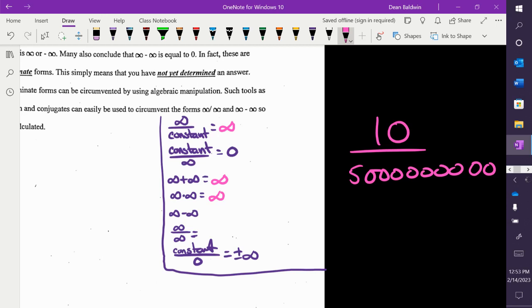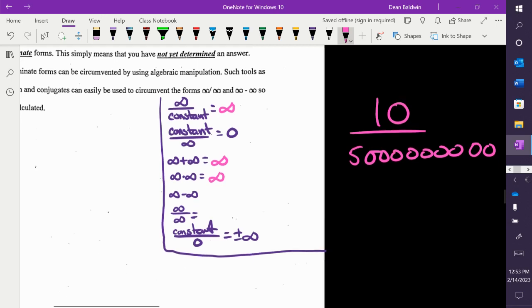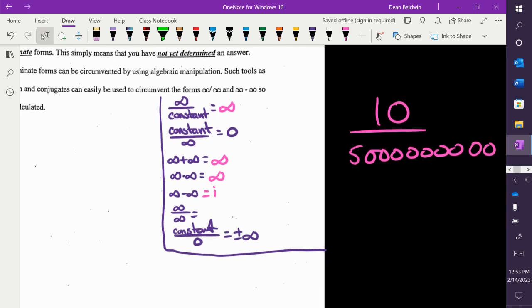Infinity minus infinity: not all infinities are the same. So it's indeterminate. You can't do it. And what about infinity divided by infinity? Indeterminate as well. Can't do it. We're not going to talk about those. You just have to know you can't do them.